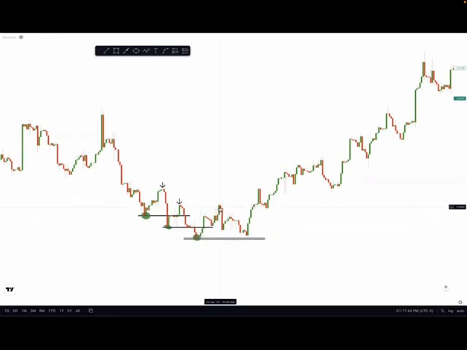Then price makes a new high above the previous high, and this is telling us one thing. Above this high, price can push up above here to here, right?